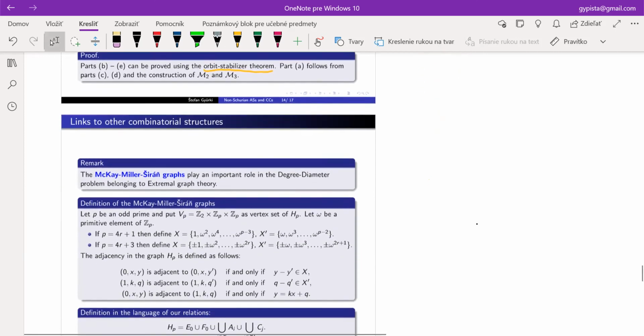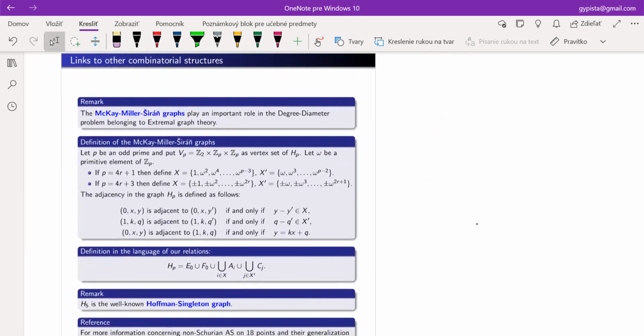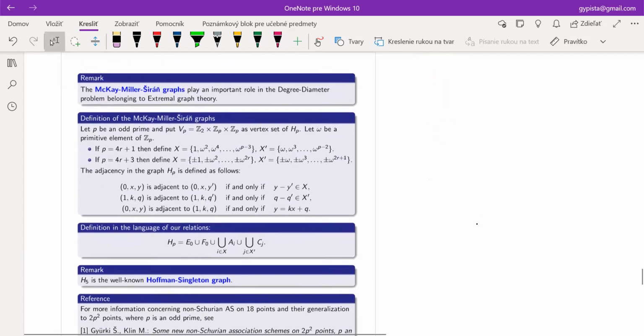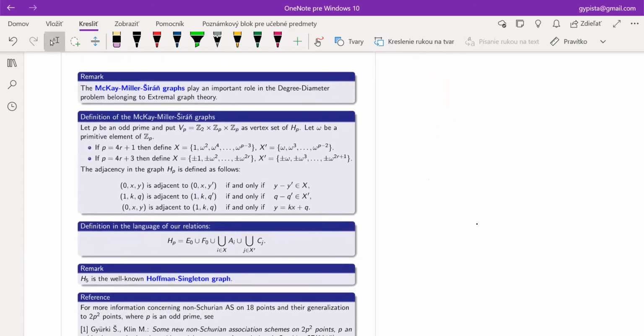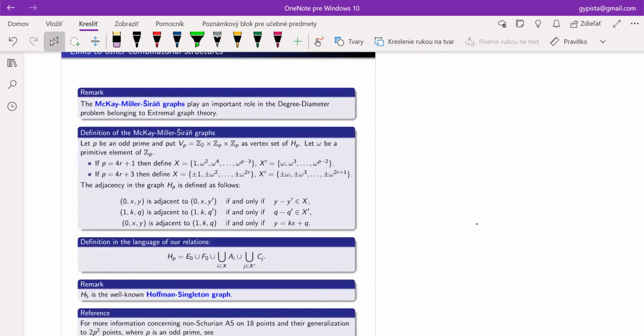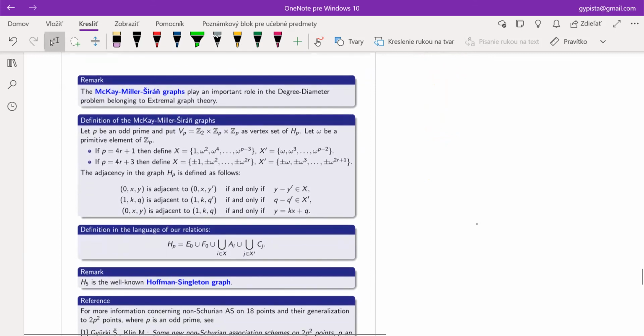Moreover, there were interesting connections to known combinatorial objects, and I would like to mention just one of them. It turned out that we can, in the language of our relations, define by a suitable union the so-called McKay-Miller-Širáň graphs.